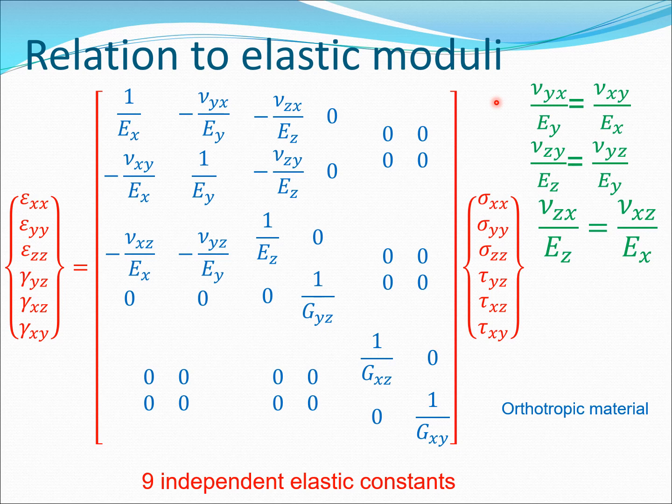In most cases, only one of these Poisson ratios is given and the second one can easily be calculated. So again, this is the compliance matrix for an orthotropic material relating the strain vector to the stress vector. It's a 6 by 6 matrix with many of the terms being 0.